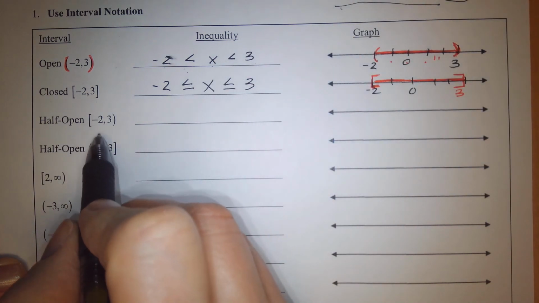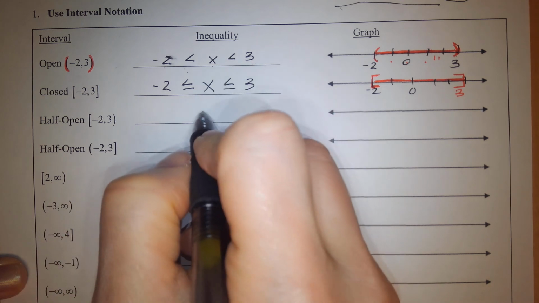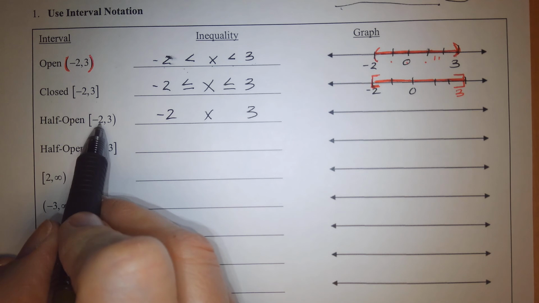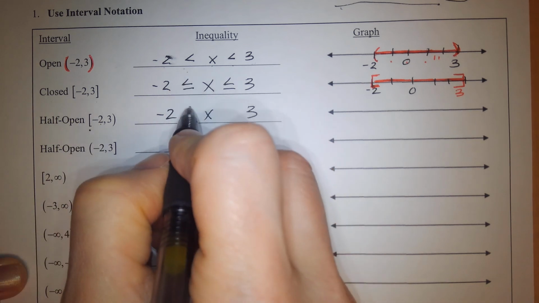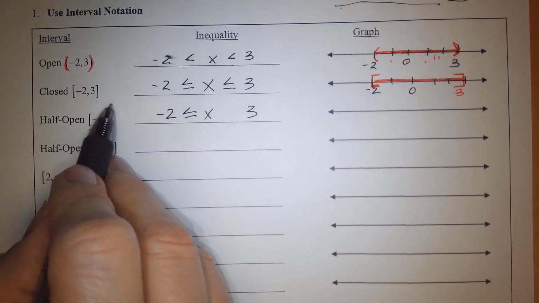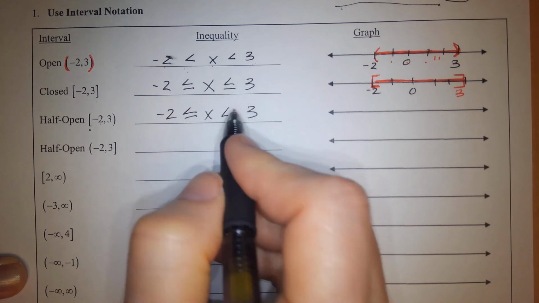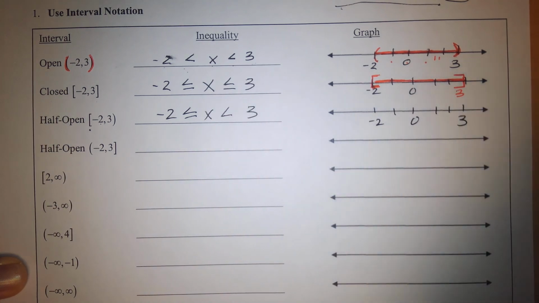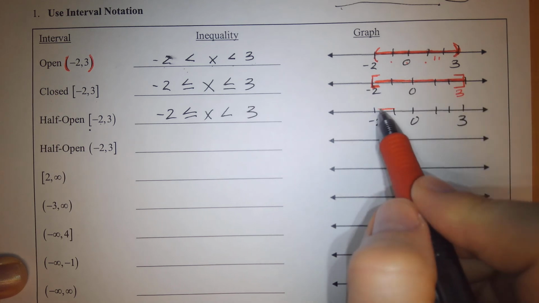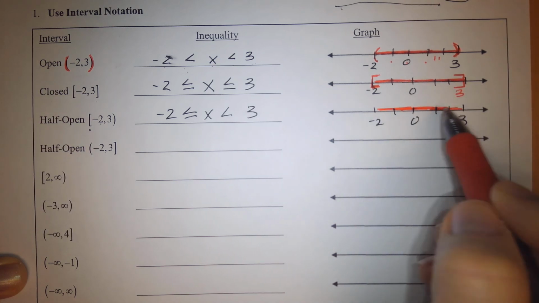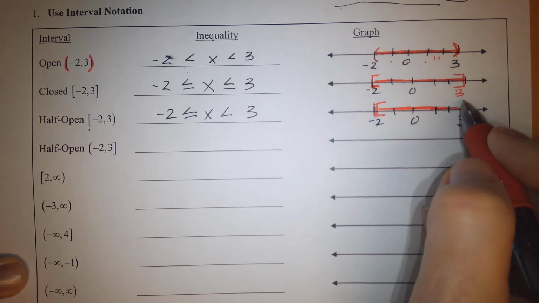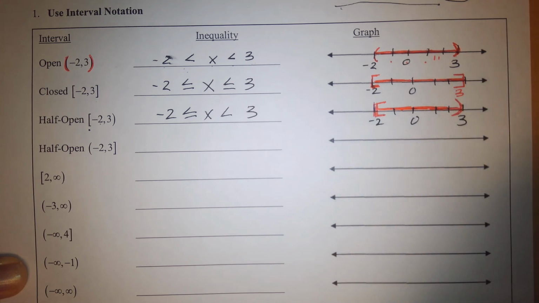You can do half opens like these next two. We would say x is in between these 2 numbers. In this case, -2 is included, but 3 is not. So we would again shade the area in between those 2 numbers. We will include -2, and we will not include 3.